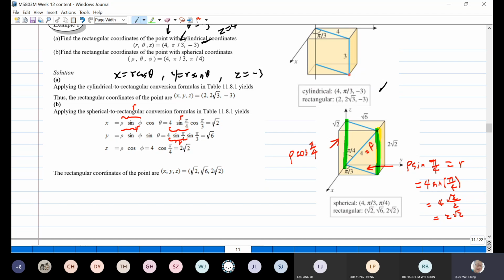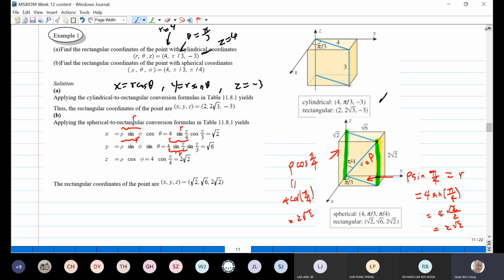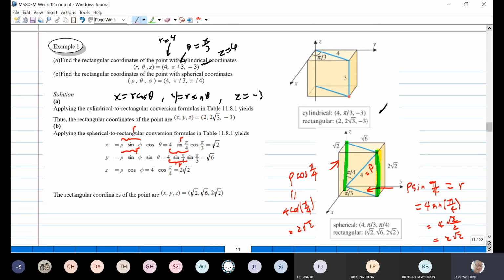Where rho is 4 now, so 4 cosine pi over 4, you get 2 square root 2. So you get x, y, z now, and all the x, y, z come out. So this is example 1. This one is actually quite easy, right? Just geometry will do.